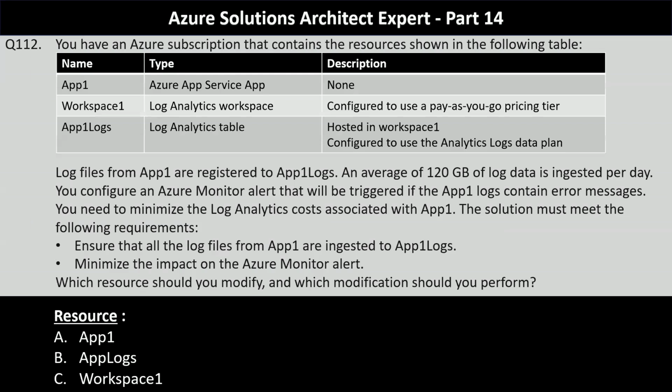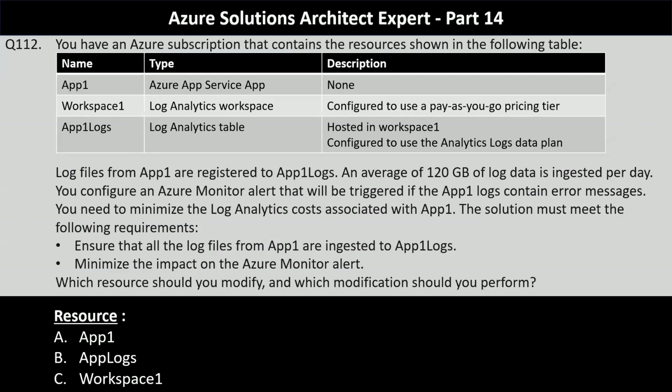Question number 112. You have an Azure subscription that contains the resources in the following table. You basically have three resources. First is with the name of app1 and is an Azure App Service app. The next one is a log analytics workspace with the name of workspace 1 and is configured to use a pay-as-you-go pricing tier.